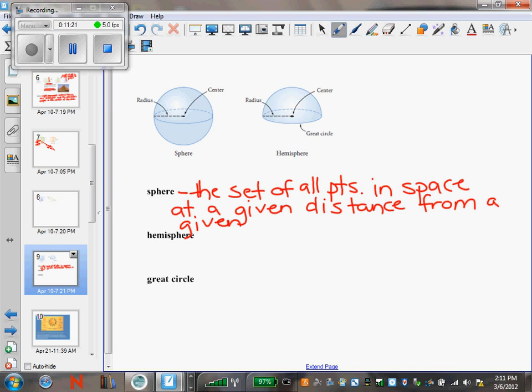That's what makes it a perfect sphere, is because they're all equal distance from that center point. A hemisphere is half of a sphere, and the great circle is the circle that encloses the base of a hemisphere.